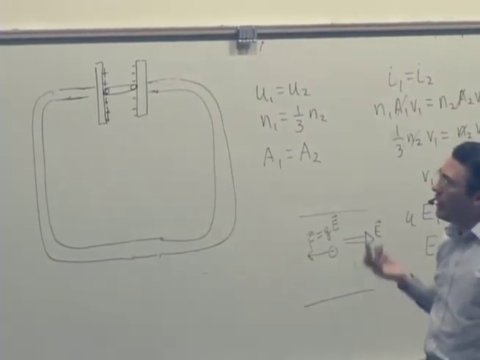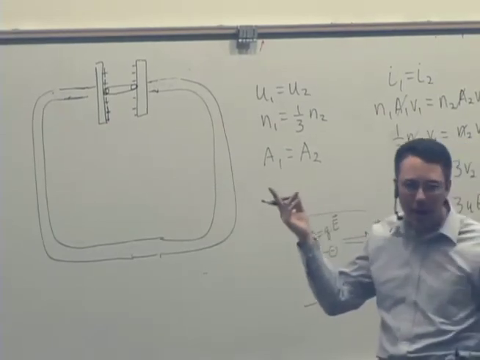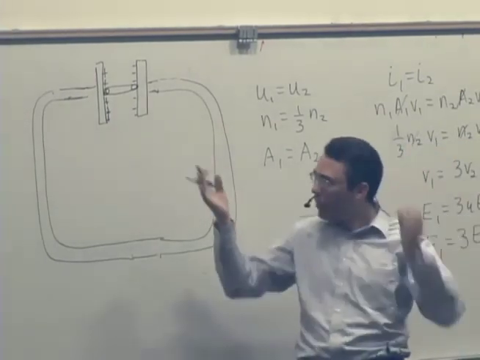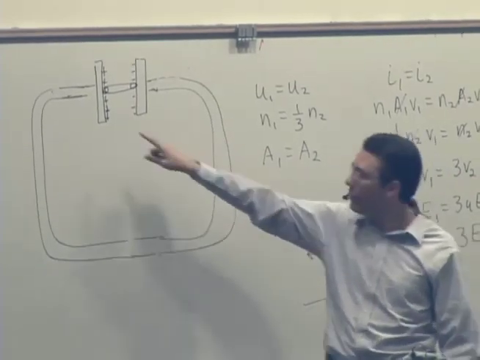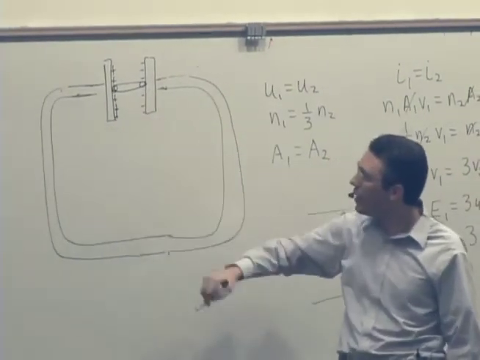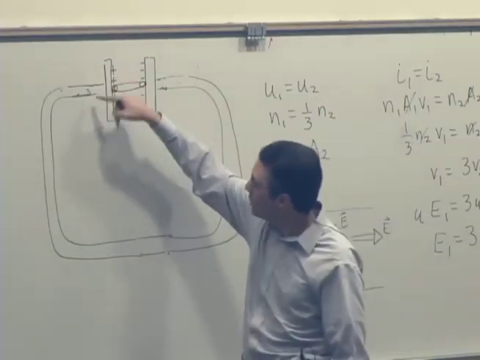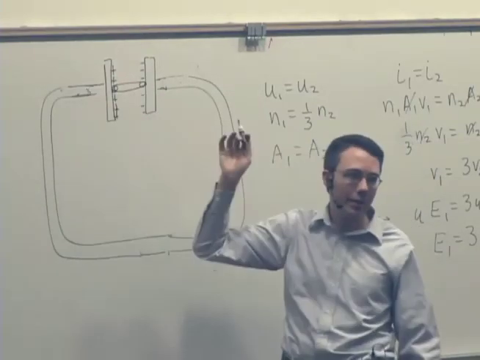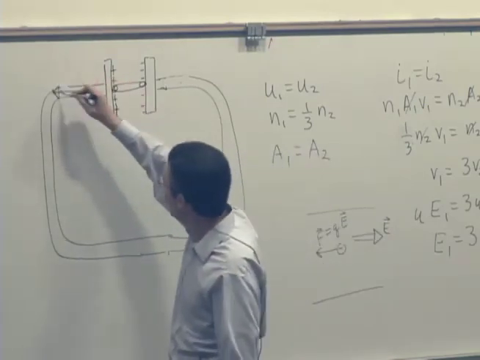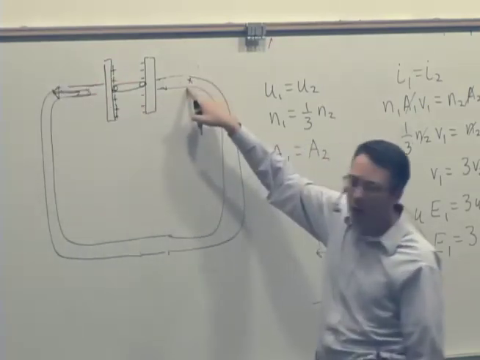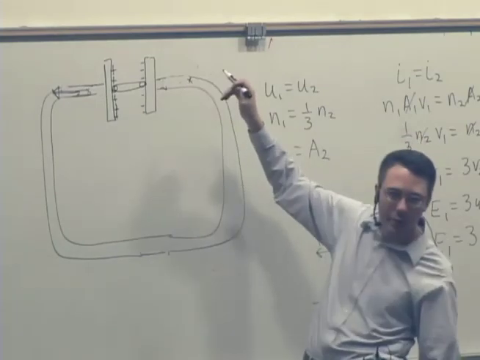Well, if that is the case with the battery, what would we expect the electric field of the battery to look like if we have a positive charge on that end, negative charge on the other end? So, for example, the electric field of the battery here would be in what direction? That way. And the electric field of the battery at this point would be which way?